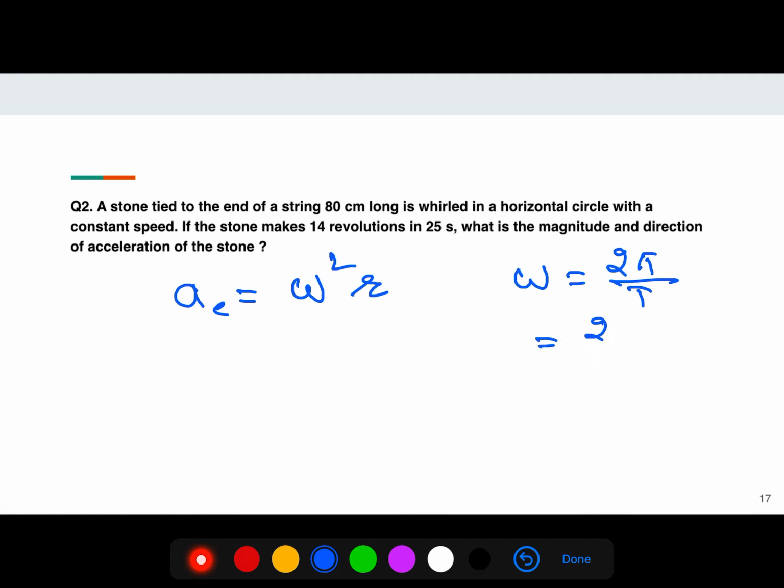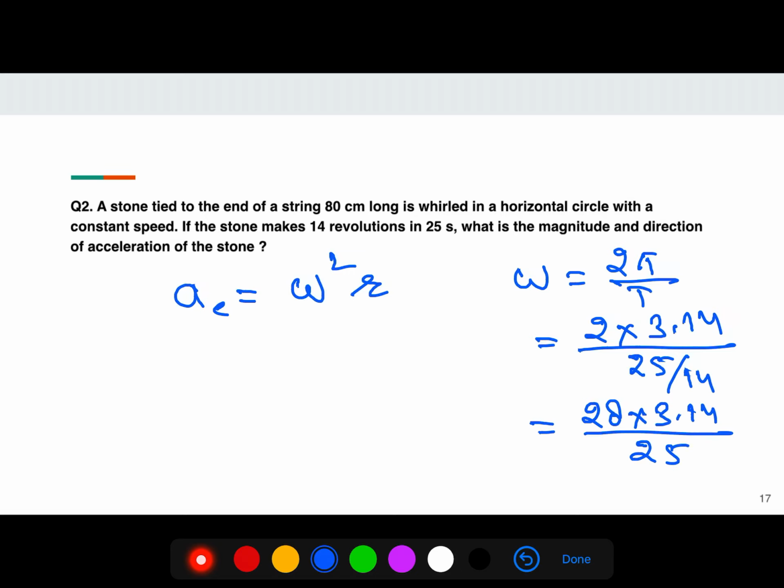It will be 2 into 3.14 upon time period 25 by 14. Then you will get 28 into 3.14 upon 25.